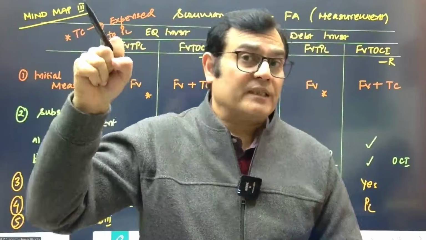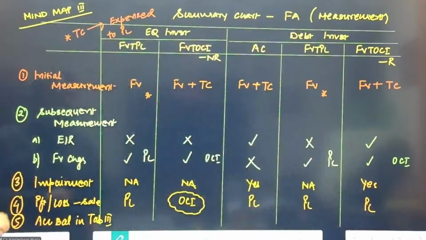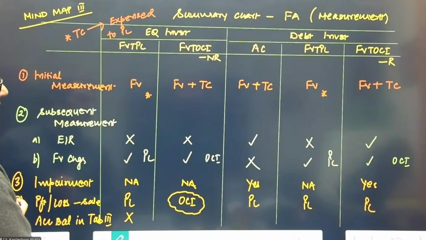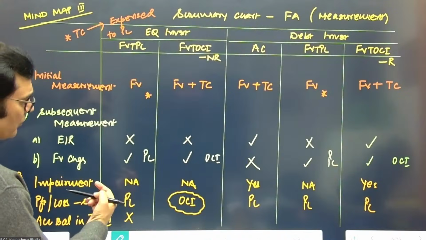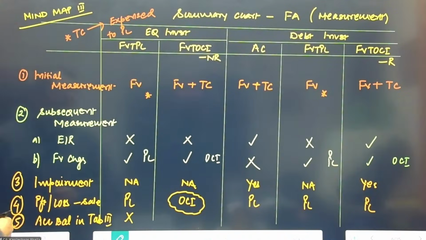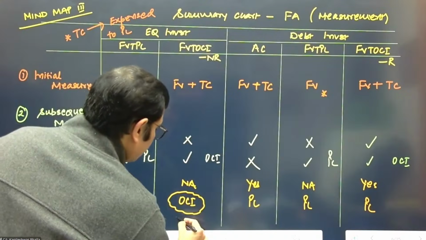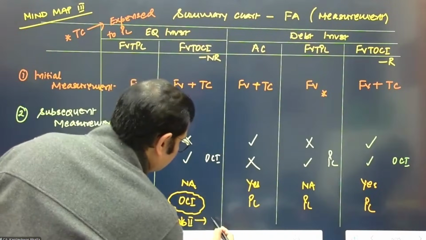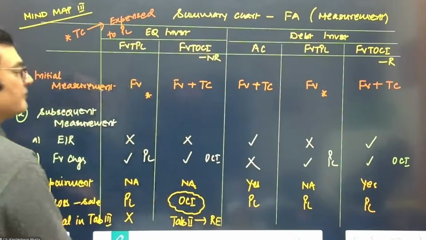So what do you do with that particular balance? Can I say in FPTPL, it's not there? In OCI NR, would you like to tell me where you put that money on the sale of the investment? Transfer to tab number 2 directly. That's right. It is directly transferred to tab number 2, that is retained earnings.